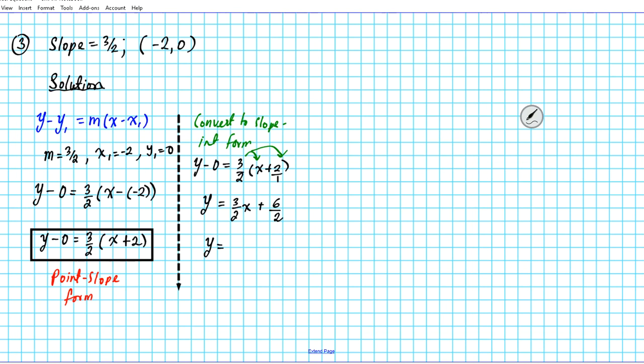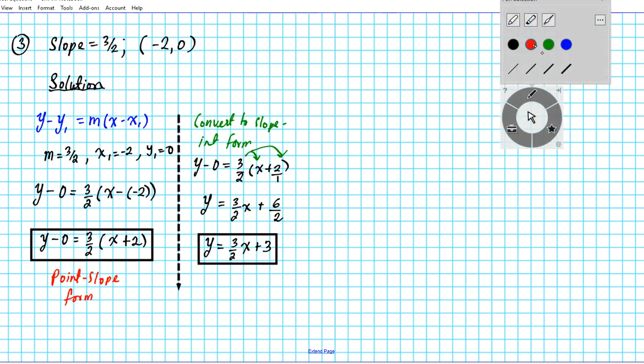We have y equals 3/2x plus 6 divided by 2 is 3. So this second equation we just got represents the slope intercept form.